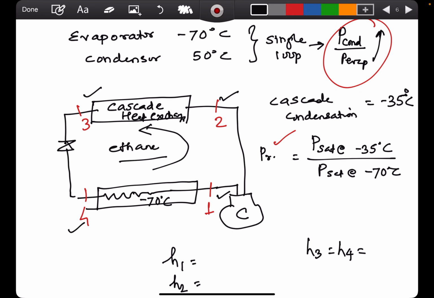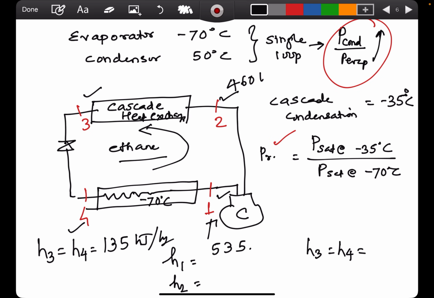I'm not sure, but if you refer to the pH chart, probably you would get the value of H3 and H4 as 135, round about that, kilojoule per kg, and probably H1 would be around 535 and H2 would be around 460. You can just refer to the pH chart of ethane and convince yourself that these are the values.